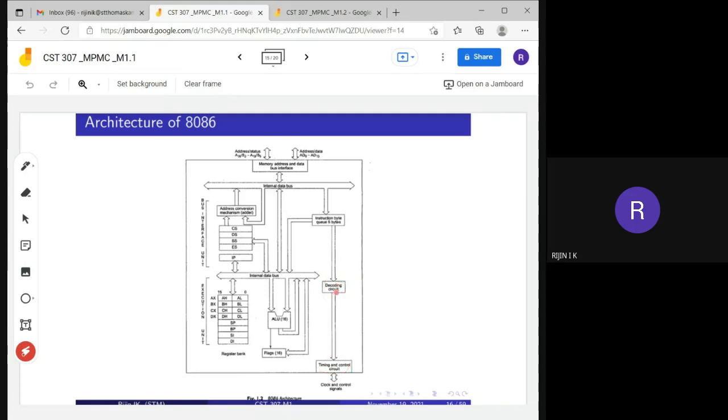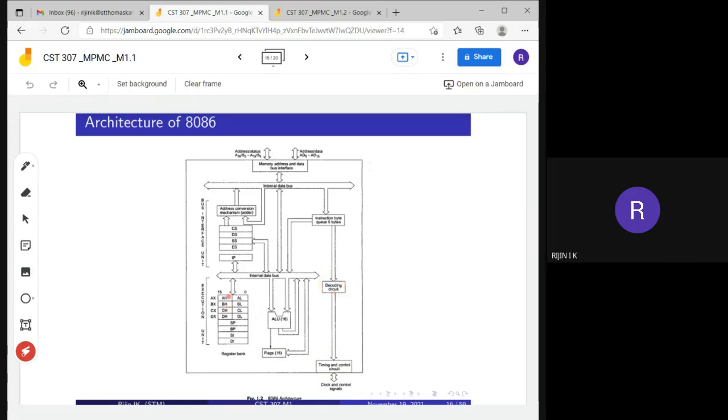So these are the important functional parts present in the execution unit.